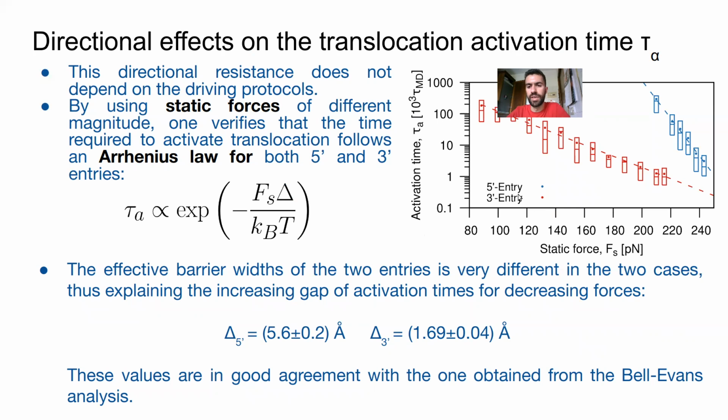The enzyme applies a quite low force on the scale of this graph, and so there's a huge difference between the activation time from the two ends. We can also see that these values are in good agreement with the ones we found before with the Bell-Evans analysis.